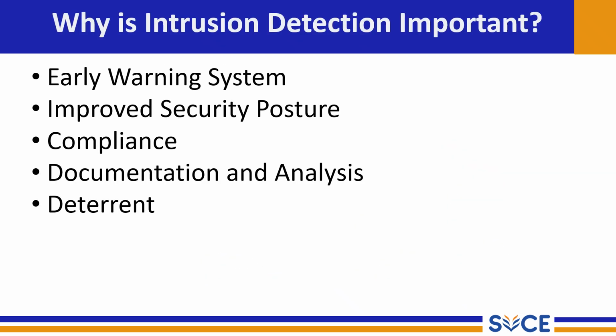And next, why is intrusion detection important? First, early warning: IDS provides an early warning system for security incidents, allowing organizations to respond quickly to potential threats. Second, improved security posture: by identifying and responding to attacks, IDS helps improve the overall security posture of a network or system. Third is compliance: IDS can be used to demonstrate compliance with security regulations and standards.